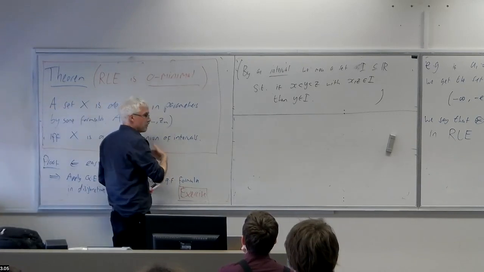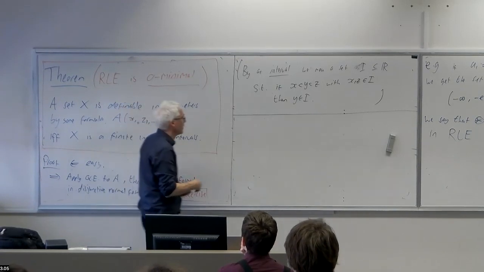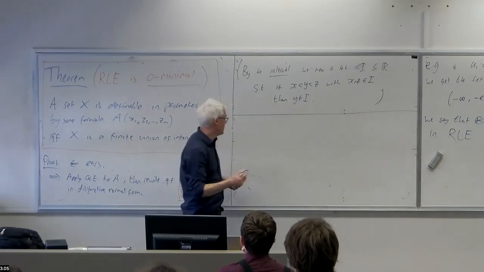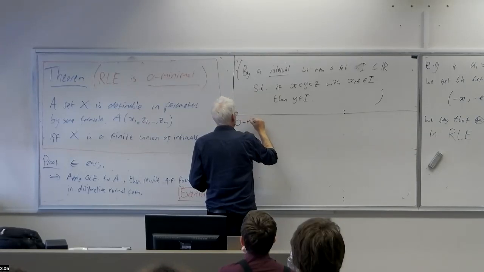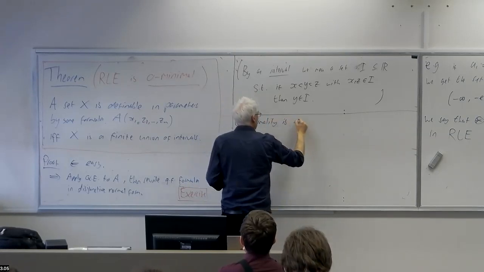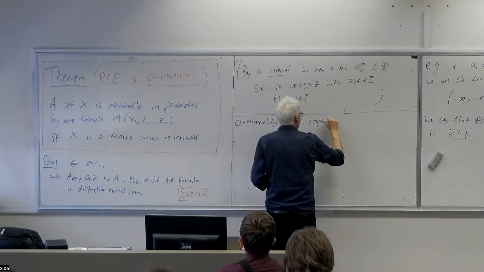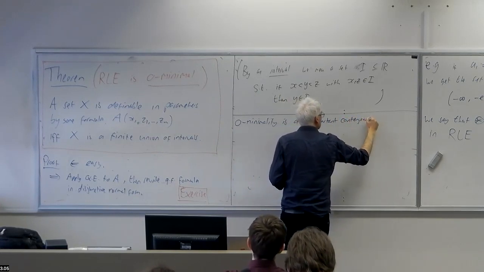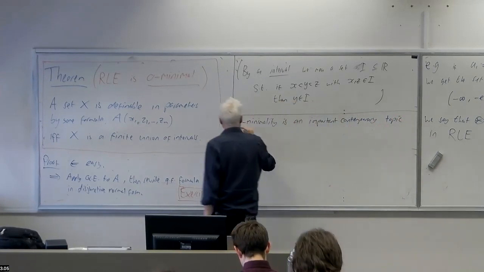So I just want to give you here some mathematical context for this, without going into details, because actually I don't know the details anyway. So o-minimality is an important contemporary topic in mathematical logic.